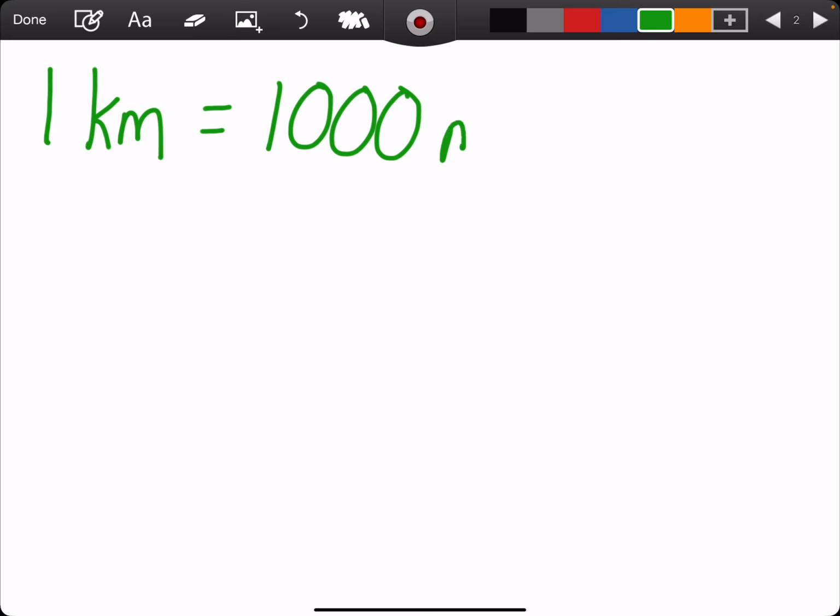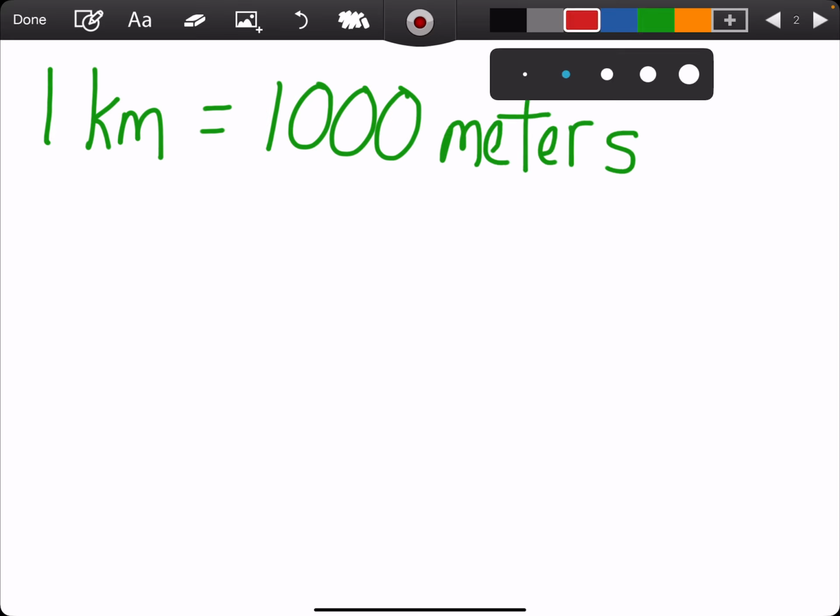So we're going to start with meters. Okay, and we know that 1 kilometer equals 1,000 meters. Okay, so that is a very important conversion, that 1 kilometer equals 1,000 meters.